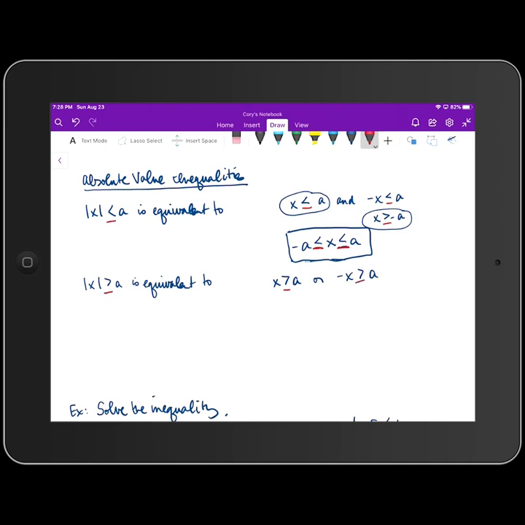And then again, when I take both sides and multiply or divide by -1, the inequality symbol is going to reverse. So that's x less than or equal to -a.